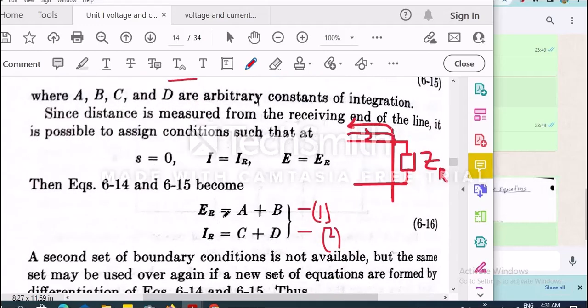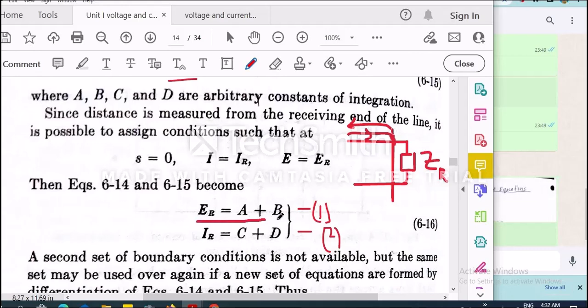At the load end, we have the expression A plus B for ER, the voltage at the load end, and IR is the current at the load end. We also have a current reflection coefficient, but when I talk of reflection coefficient, I generally deal with the voltage reflection coefficient and not the current reflection coefficient.